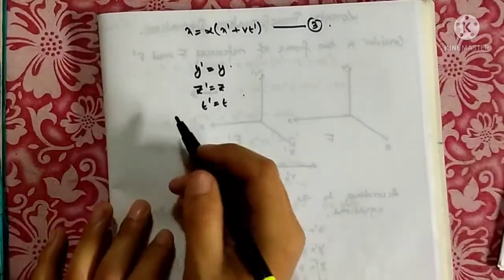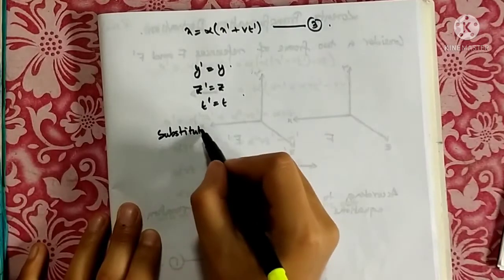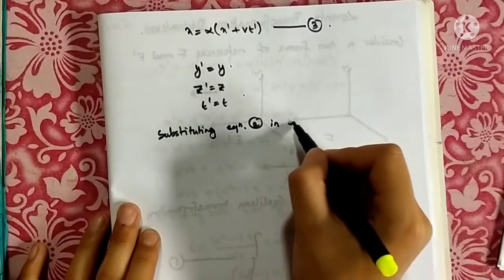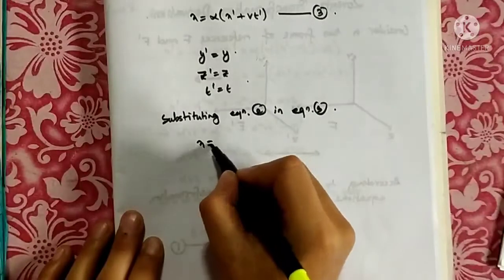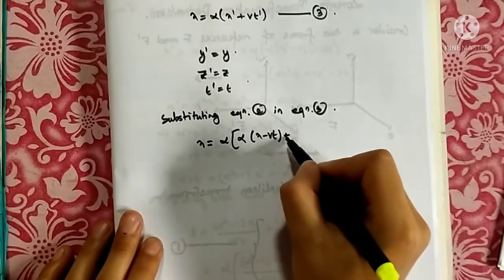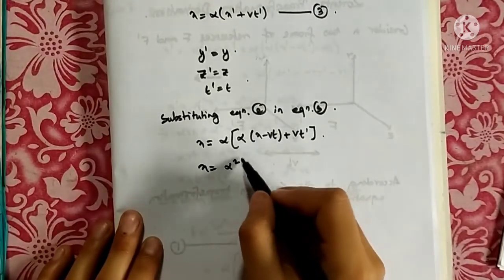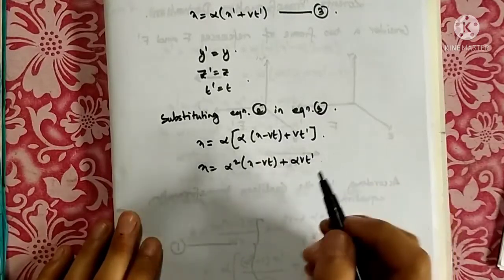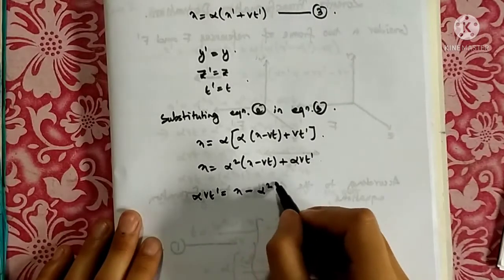Substituting equation 2 in equation 3, we get x equals alpha (x minus vt) plus vt prime. x equals alpha square (x minus vt) plus alpha vt prime. Alpha vt prime equals x minus alpha square (x minus vt).